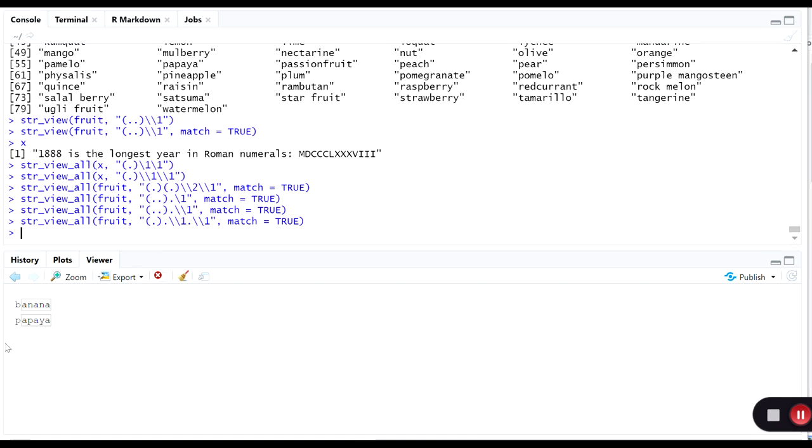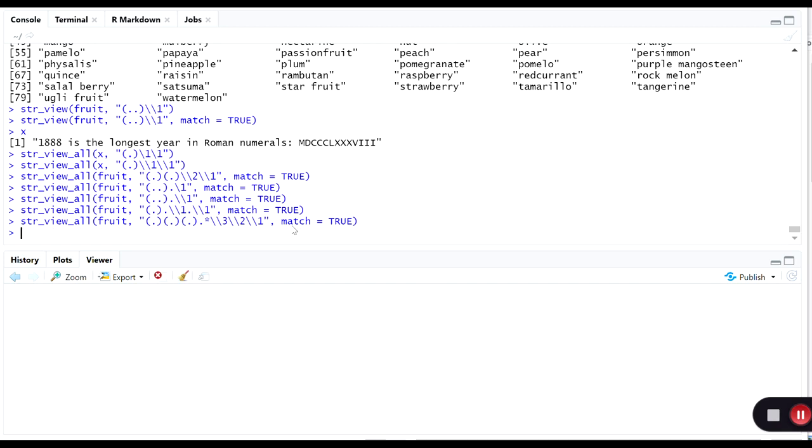Now, the last one I'm going to try is going to be, let's see, any letter, a possibly second letter, third letter, followed by any number of letters in between, but then I have to repeat in reverse order the third one, the second one, and the first one. And I get no matches.